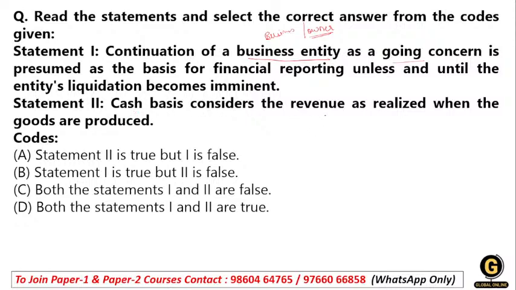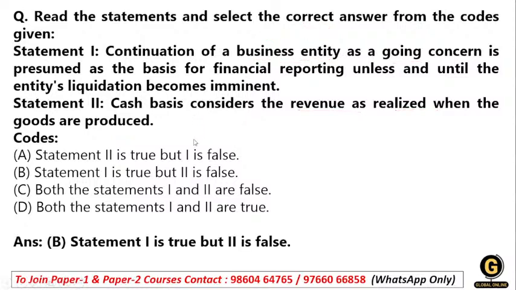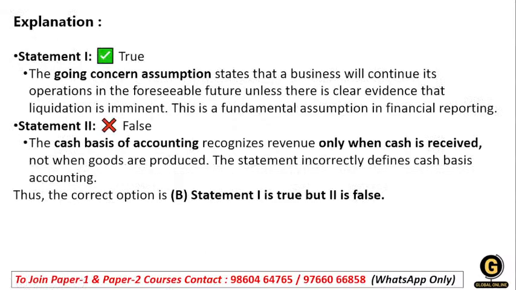The next statement is about the cash basis: cash basis considers the revenue is realized when the goods are produced. When we produce our goods, then we realize our cash? Do we realize revenue at that condition? Isn't it true? So this is a false statement. According to this, statement number 1 is true but statement number 2 is false, because cash basis accounting recognizes the revenue only when cash is received, not when the goods are produced.